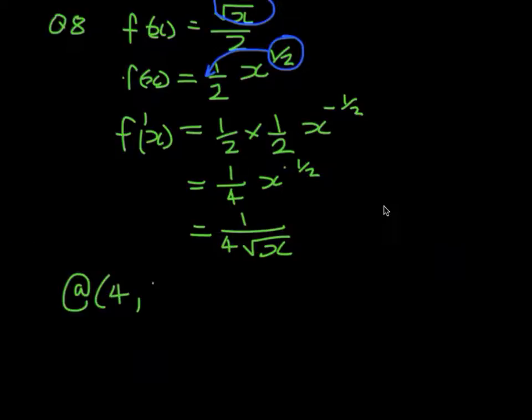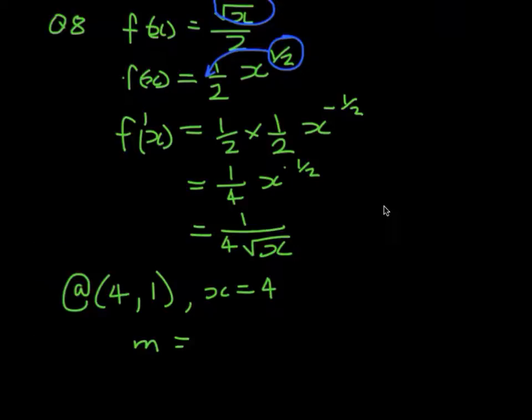At (4, 1), that means x is equal to 4. Well, we can find the gradient of the tangent. Remember that the lowercase letter m is the symbol we use for the gradient of any line.